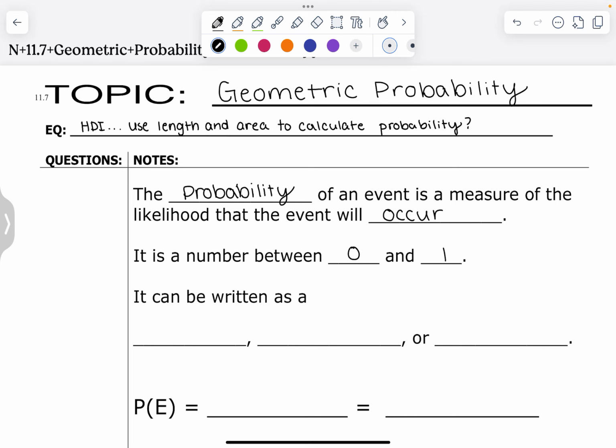It can be written as a fraction, a decimal, or percent. An example of a fraction would be 13 over 50, which is 0.26, or 26%.